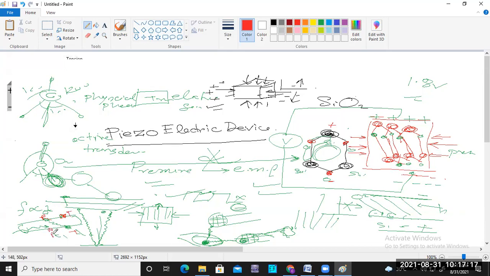Whenever flow is in this direction, this pair will be delayed. But when flow is in the opposite direction, the other transmitter and receiver pair is also delayed. And by measuring this delay, we can measure the flow also.